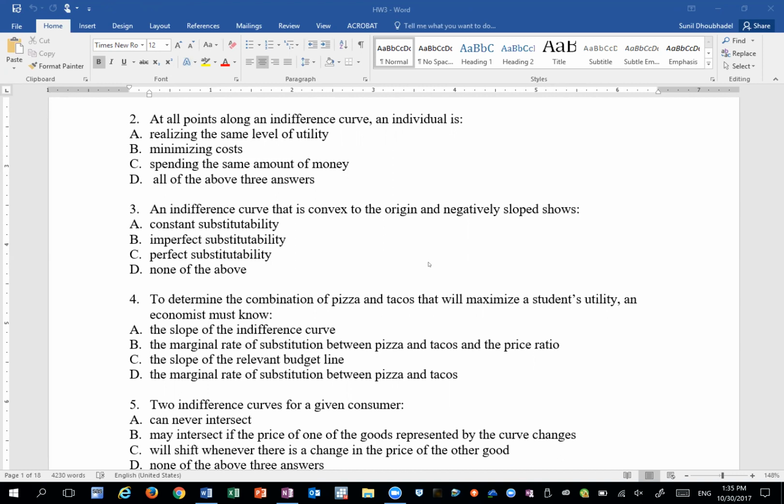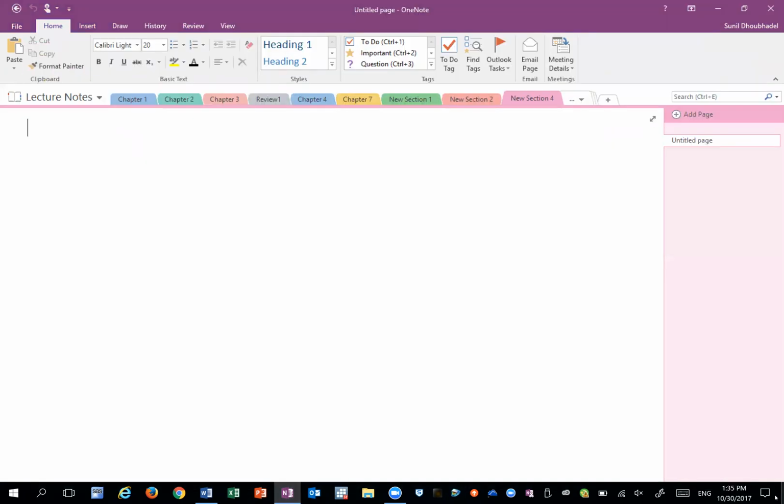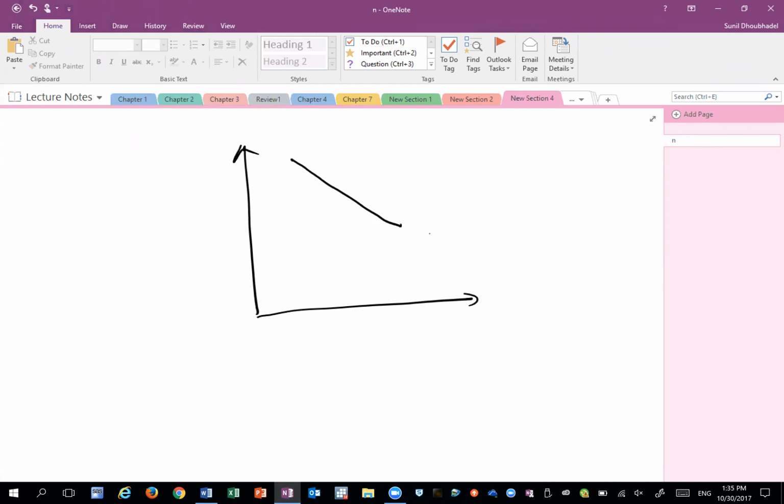You don't see any difference because the level of utility you are getting from those two are equal. So if that is the case, you'll see your indifference curve like this, okay? So your rate of substitution is always constant. It is this kind of straight line.